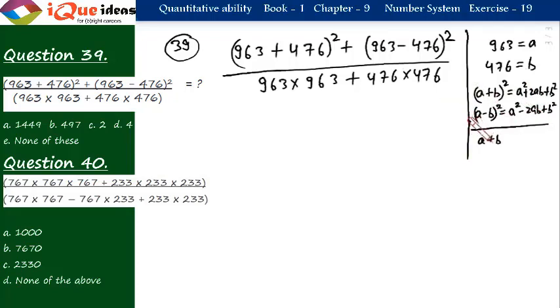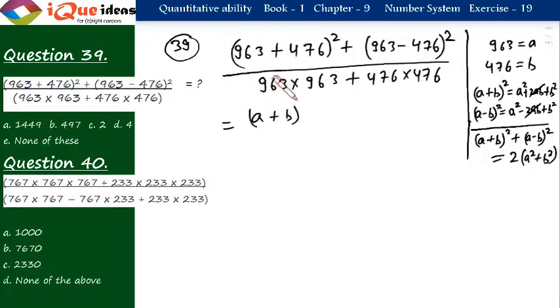If you add these two, see what you get. A plus B whole square plus A minus B whole square will come out to be 2 times A square plus 2 times B square, as the 2AB terms get cancelled, hence 2 times A square plus B square. Okay. Now come back to the question. It says 963 plus 476.